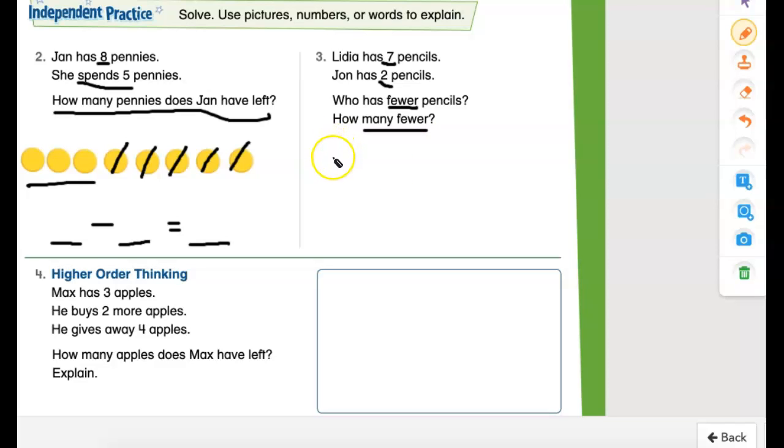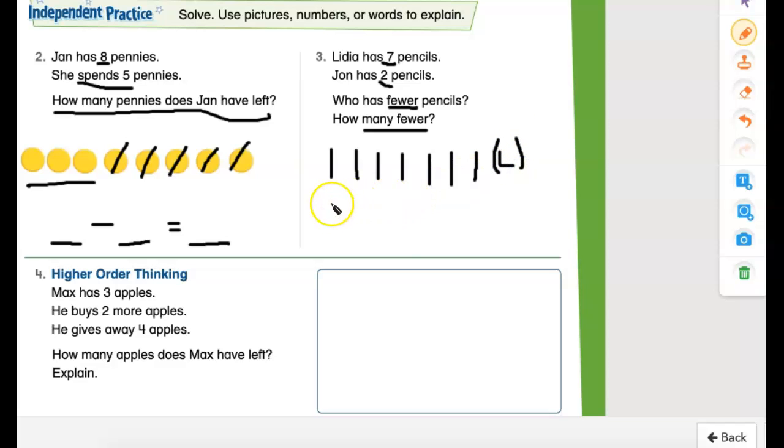Okay, so if Lydia has 7 pencils, so I'm going to draw 7 pencils with my pen that I have here. So I'm going to draw 1, 2, 3, 4, 5, 6, 7. So these are Lydia's pencils. So I'm going to write an L next to it because these are Lydia's pencils with some parentheses around it.